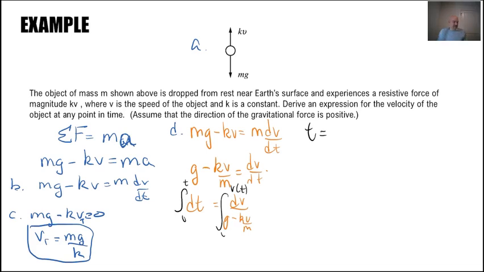Now on the right-hand side, we've got some work to do here, okay? So basically what happens is if I separate it, I get 1 over g minus kv over m dv, right? That's my integral. So you end up with a natural log. So the way it works out is this is k over m is a, right?